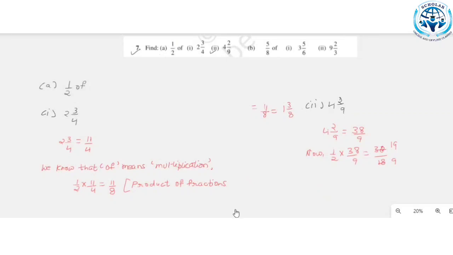When we divide 38 and 18 by 2, we will get 19 by 9. This is also an improper fraction. We will divide it to get the mixed fraction: 2 1 by 9.